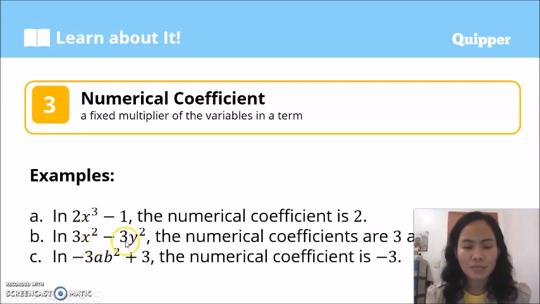In 3x squared minus 3y squared, the numerical coefficients are 3 and negative 3. Okay? Numerical coefficients. And then, in example C, negative 3ab squared plus 3, yung negative 3 is the numerical coefficient. Yung positive 3, we call it as a constant, specifically a constant term.